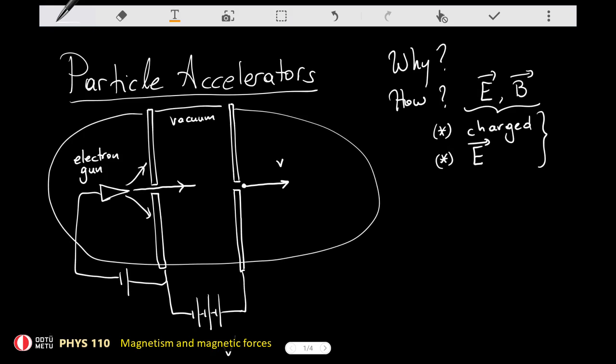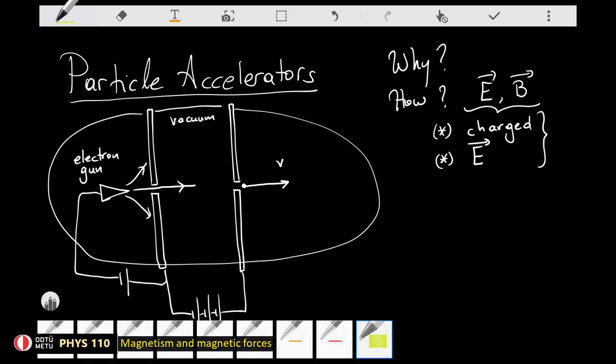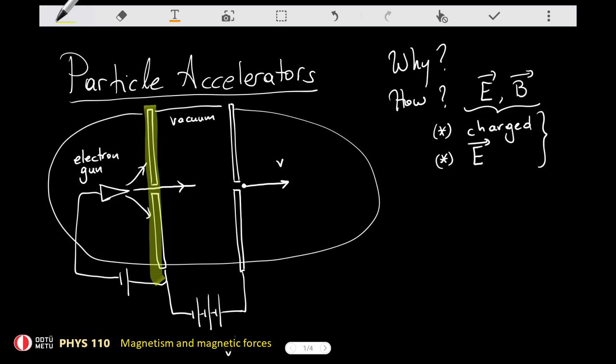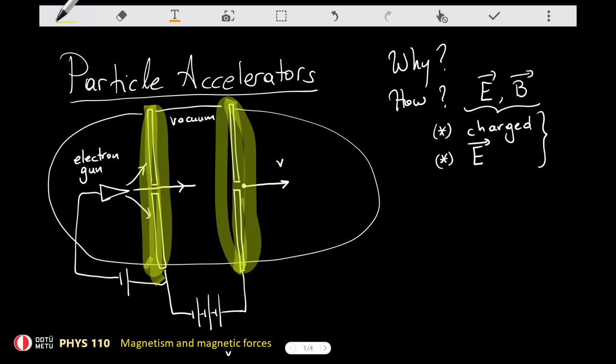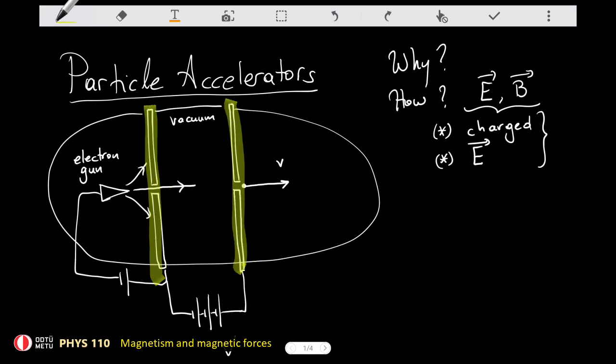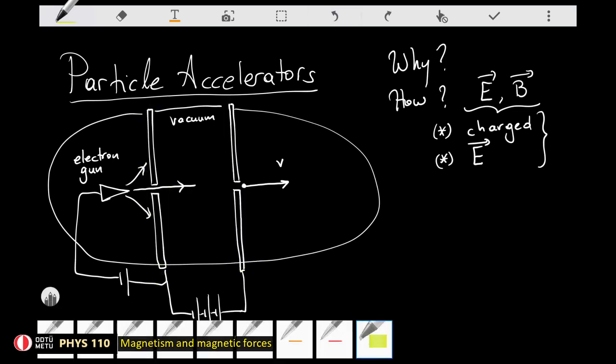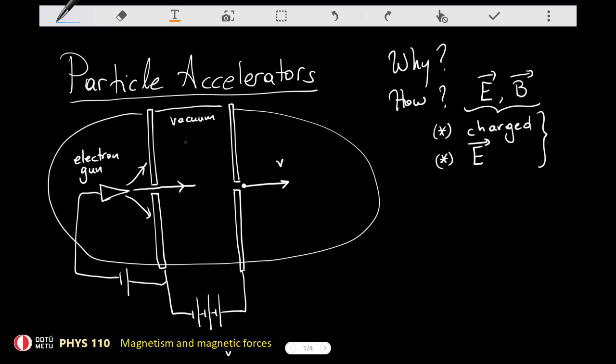This is actually two plates, a capacitor arrangement. The first plate should be negatively charged and the second plate should be positively charged. So there should be an electric field between the plates. I'm going to show the electric field with a blue color, from right to left. In that case, the electrons will be accelerated towards the right.